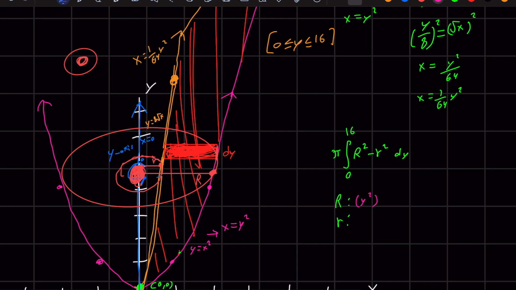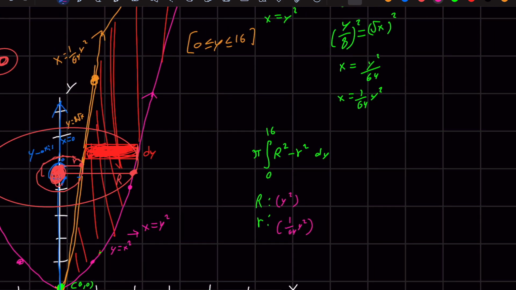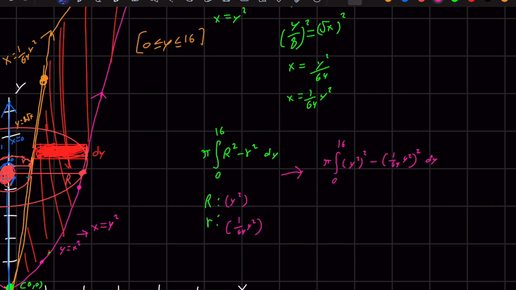Our little r is going to be the orange function, which is going to be 1/64 y squared. So now we need to plug it into our integral. You can have pi integral from 0 to 16 of (y squared) squared minus (1/64 y squared) squared dy. And then you work that out.